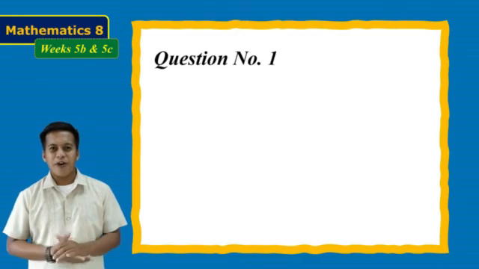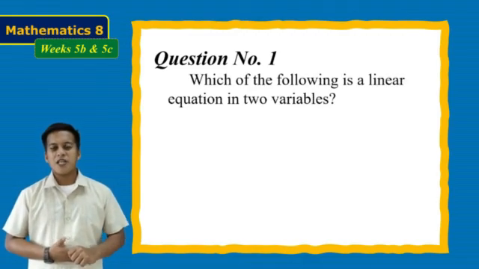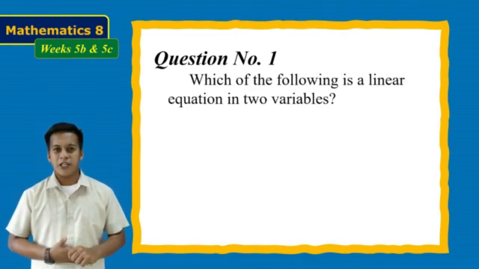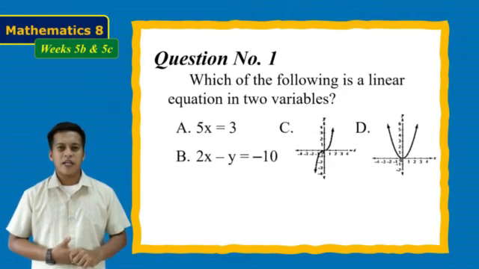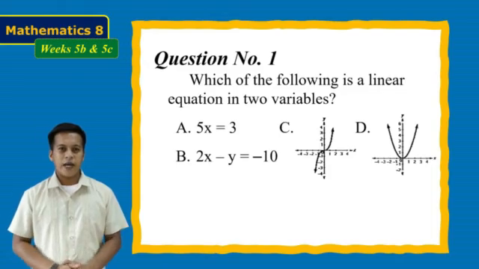For question number 1, which of the following is the linear equation in 2 variables? Letter A, 5x is equal to 3. Letter B, 2x minus y equals negative 10. Letter C, a graph that is a curved line.